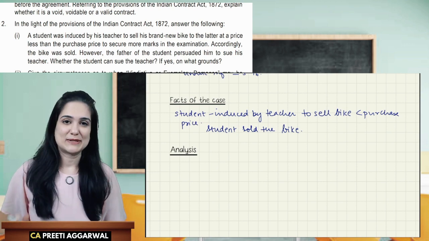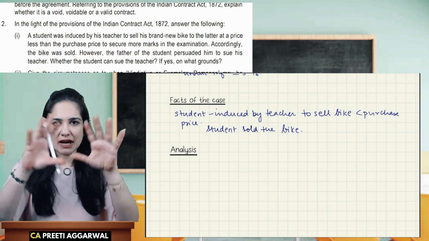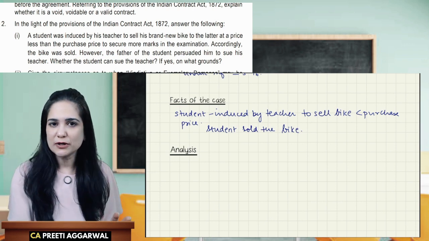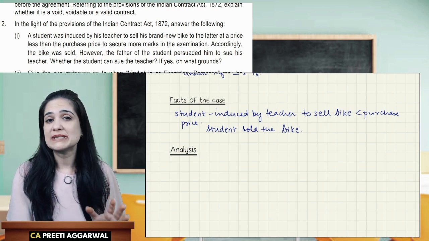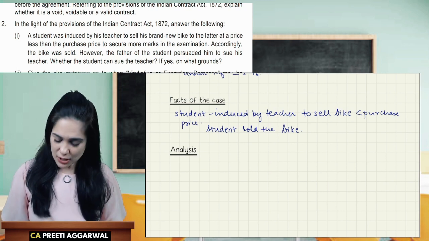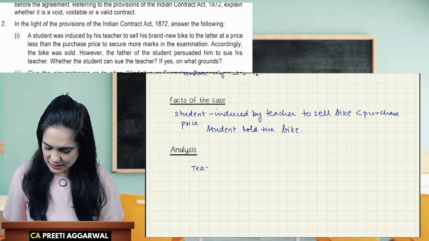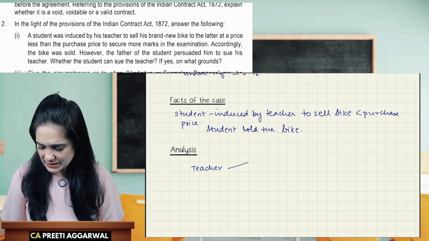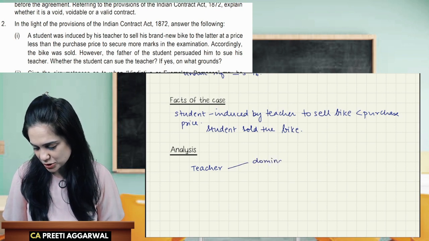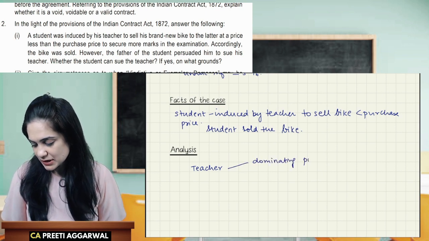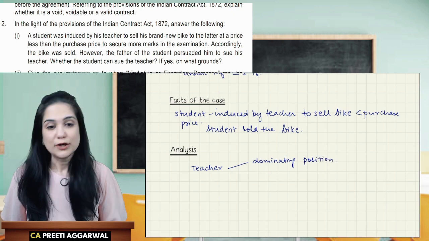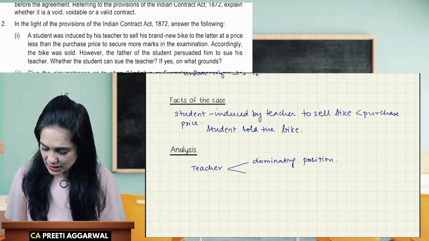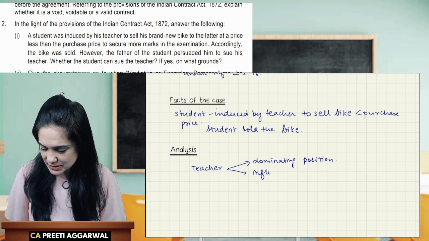What is the analysis? Now, the entire case is based on undue influence. So who is exercising undue influence? The teacher. You can say that since the teacher is in the dominating position, the teacher can easily influence the student.